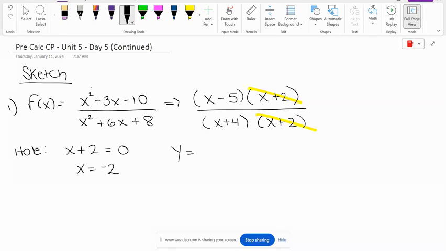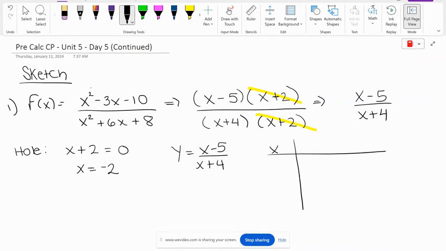In order to do that, we are going to take our simplified version, y equals x minus 5 over x plus 4. And now we are going to plug in. So I'm going to let x equal negative 2. So then I'm going to have negative 2 minus 5 over negative 2 plus 4.